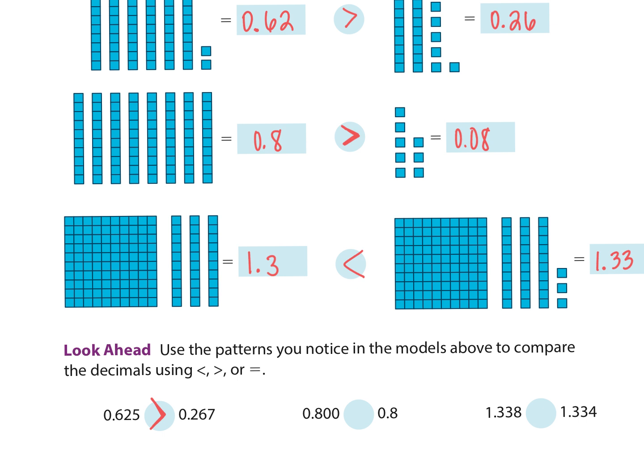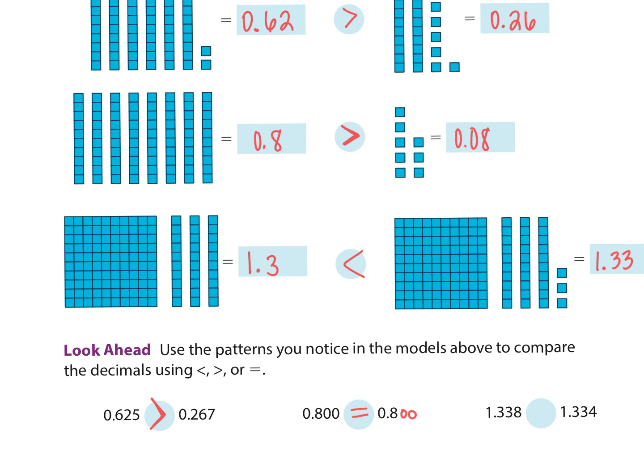Okay, what about 800 thousandths compared to 8 tenths? Kingston. Equal. Okay, here's where it gets a little tricky. So if I put 2 zeros and now they're both written to the thousandths, you can see that they are the same amount.